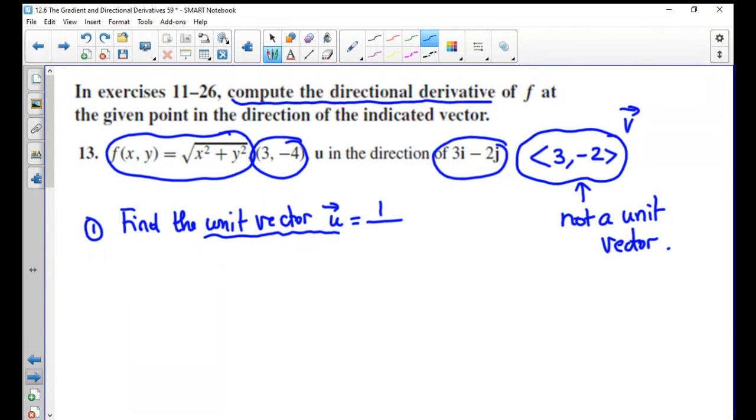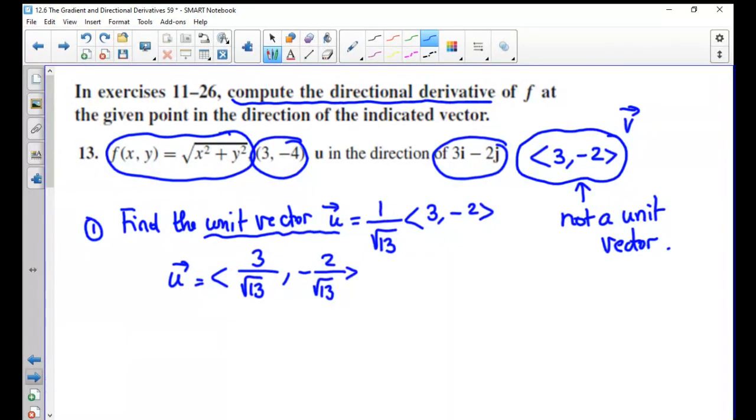So it's going to be 1 over the magnitude of the vector, which is square root of 13, multiplied by (3, -2). So the unit vector is (3 over square root of 13, -2 over square root of 13). So that is our first step.